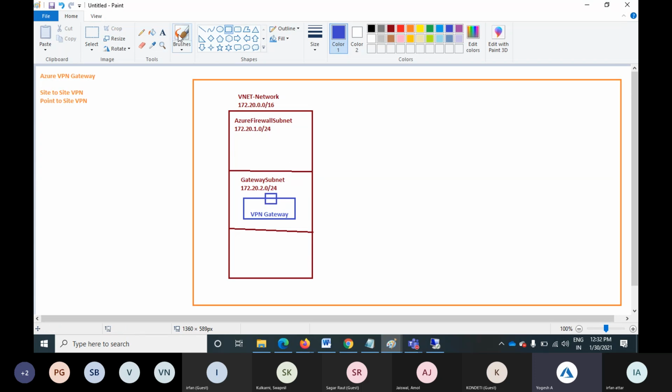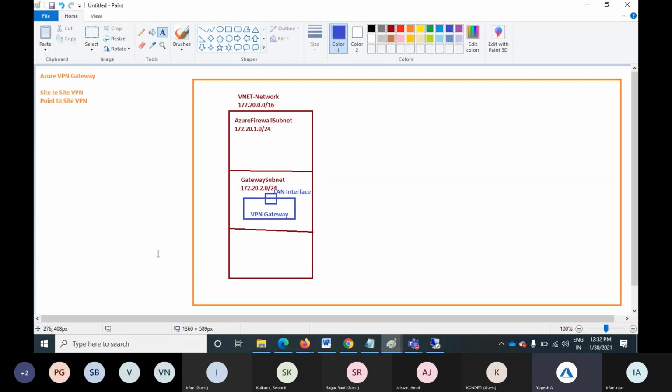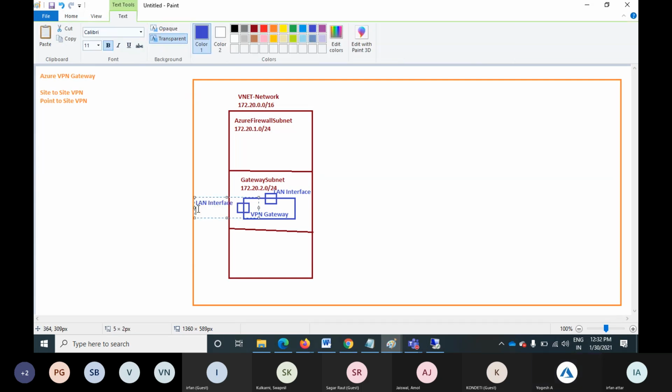So this is your LAN interface. And you will get one more interface as a front end, which is your WAN interface with the public IP.